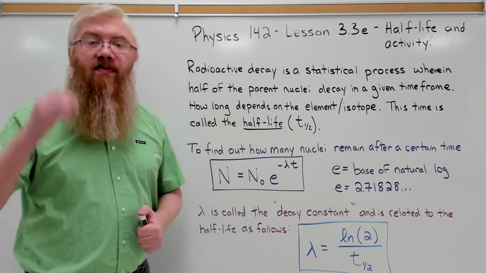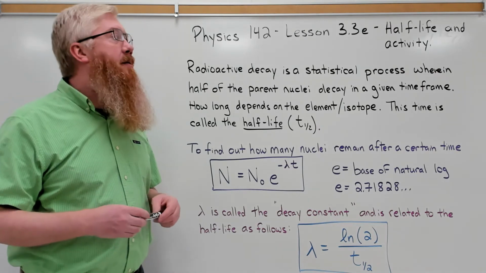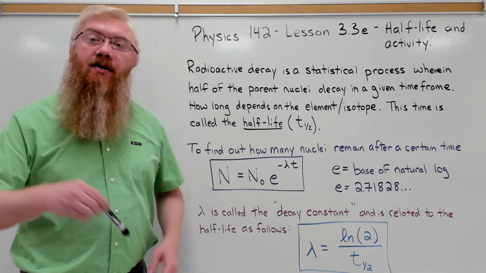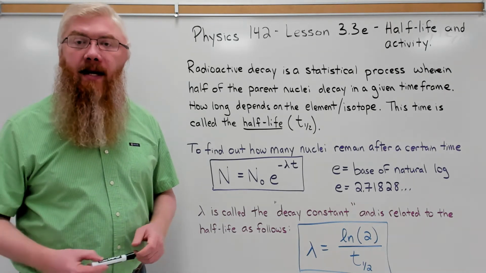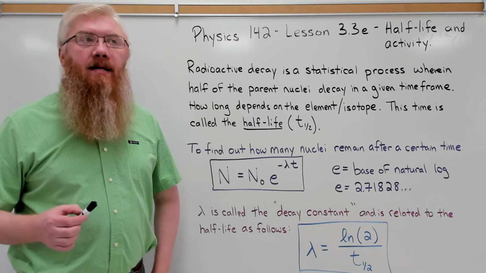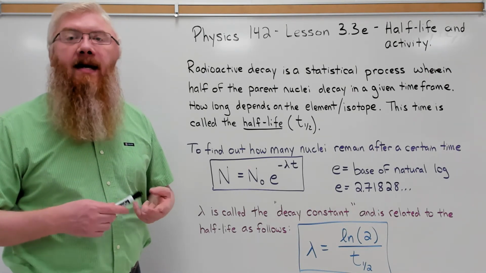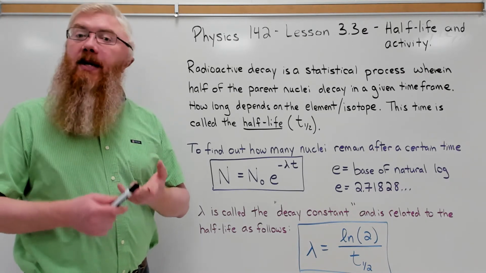Now this is very useful for the purpose of radioactive dating. We'll work out some example problems, and you can look at some of the problems that I've put online. Radioactive dating is a very useful technique in dating the age of the Earth and in dating the age of antiquities.